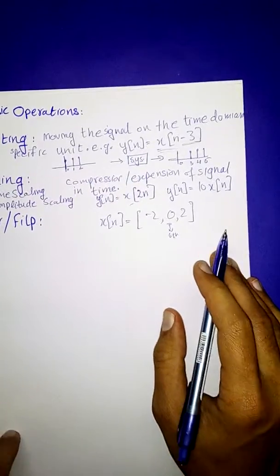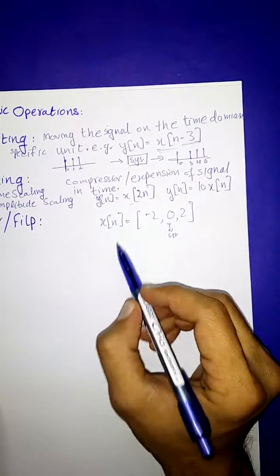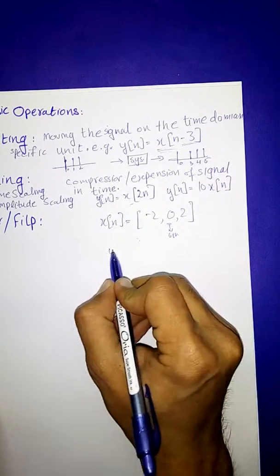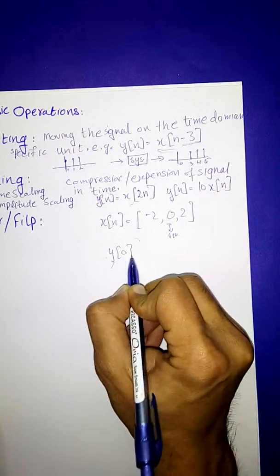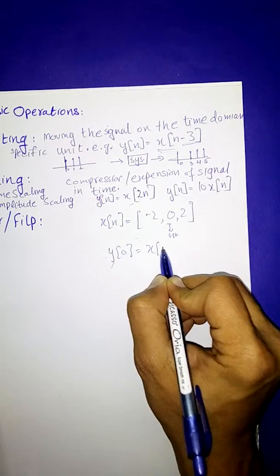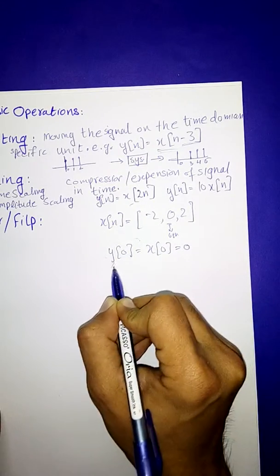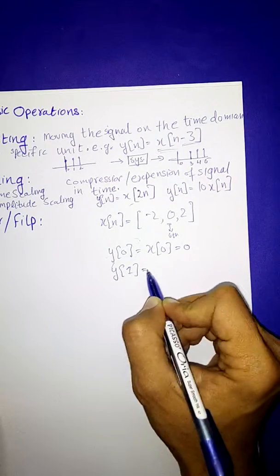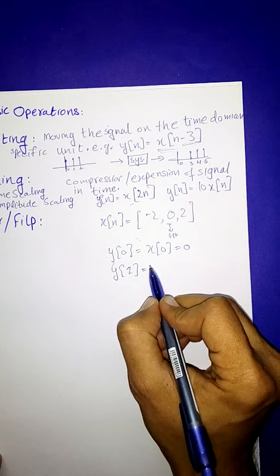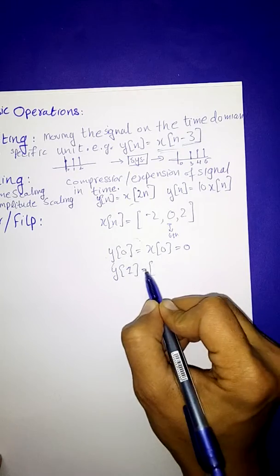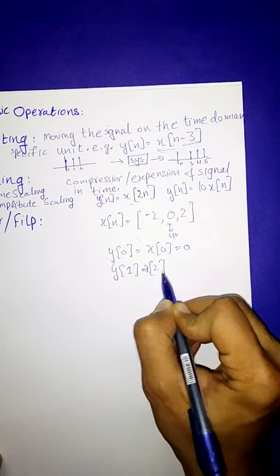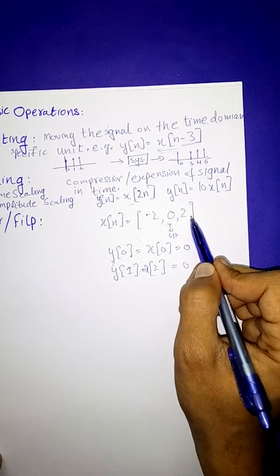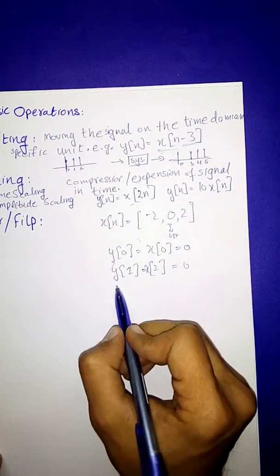So what will happen here is y of 0 will be equal to x of 0, which will be equal to 0, but y of 1 will be equal to x of 2, which is 0, because we have nothing on the 0th position.